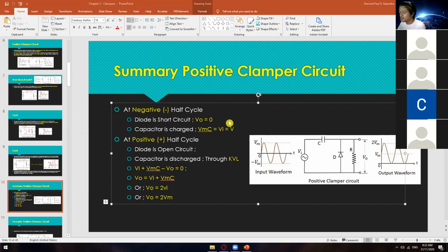If you don't understand, just go back and review, or you can remove this for now and just focus on the circuit. Use all the things that you've learned from the characteristics of the diode and from the clipper, and apply it here. Just by simply analyzing this, what will happen in the positive cycle?